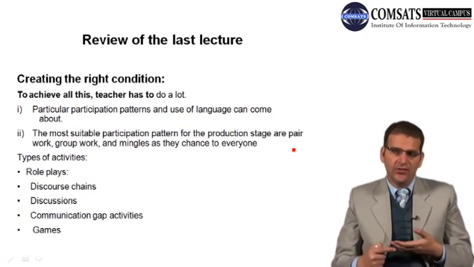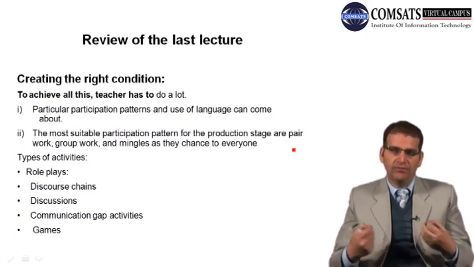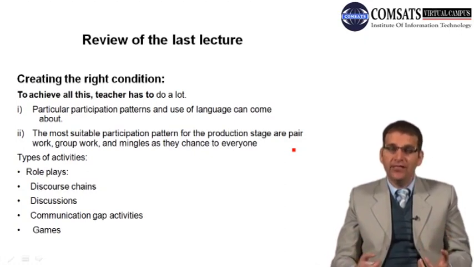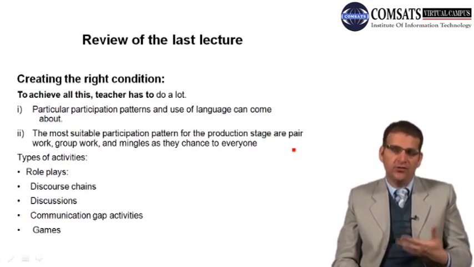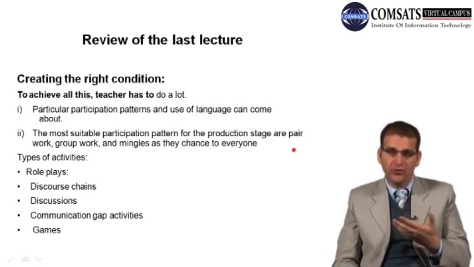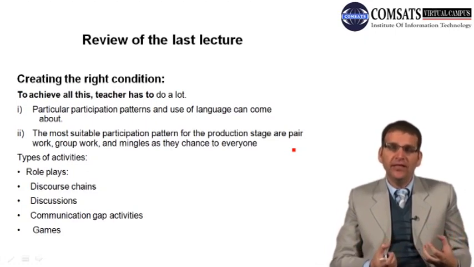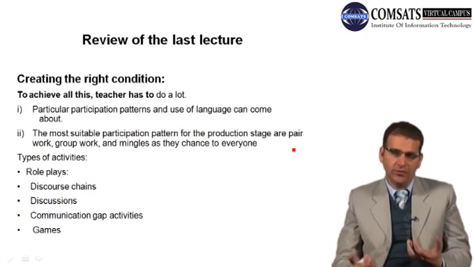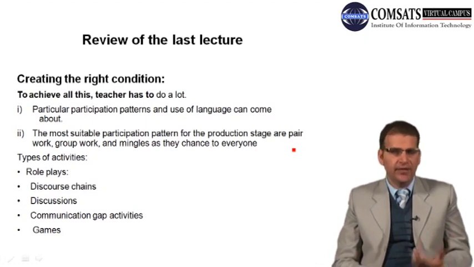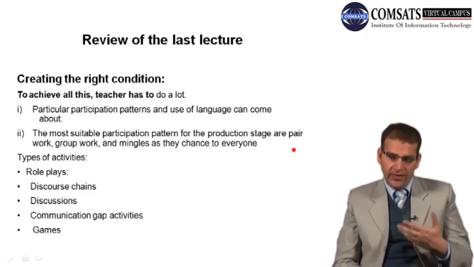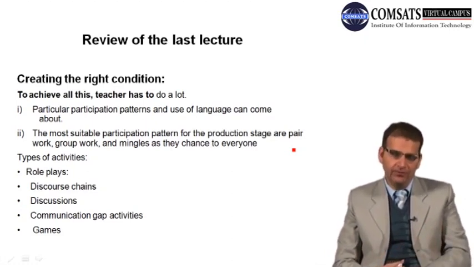Through their role plays, through their games, through their communication gap activities, they show that they have done it well. So this is what the production stage is all about. The aim of the production stage is to give an opportunity to the learner so that he can produce that language which has been presented and practiced in the class. So that's why this stage has a value.